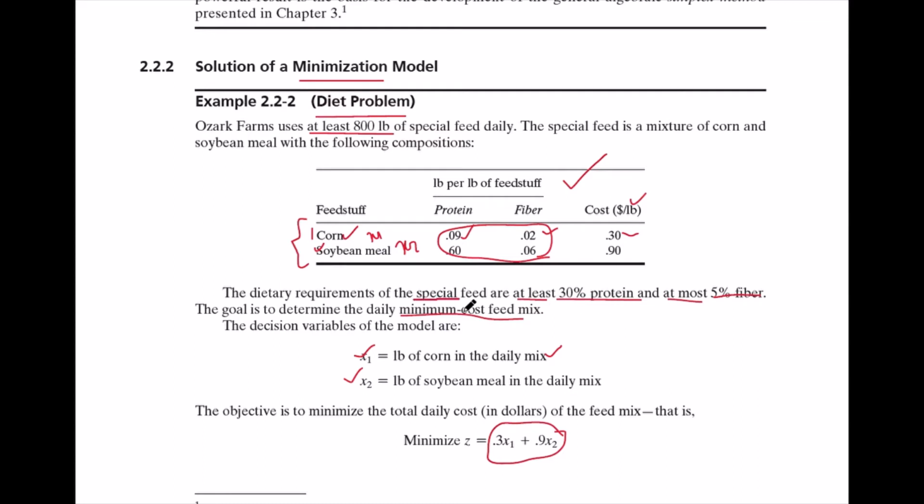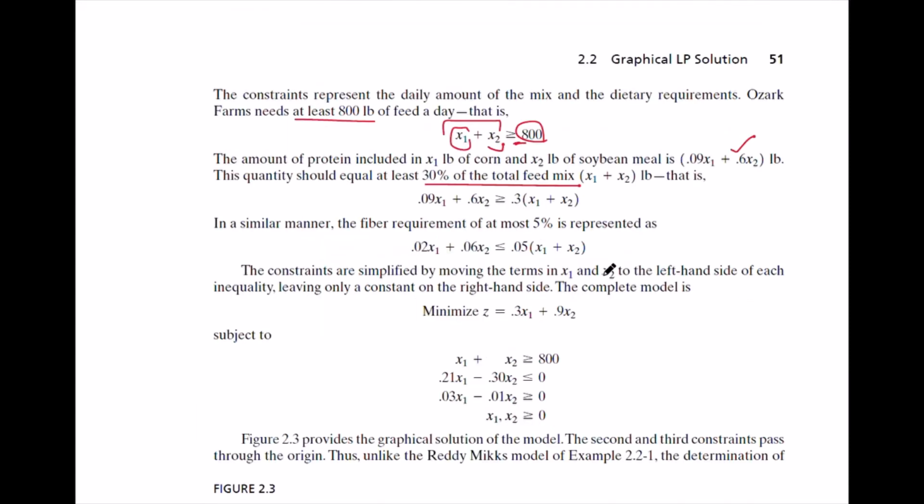The special feed must be at least 30% protein and at most 5% fiber. So at least means the value should be greater than or equal to 30%, that is 0.3, and at most 5% means this value can have a maximum of 5%, that is, this one should be less than or equal to 5%.